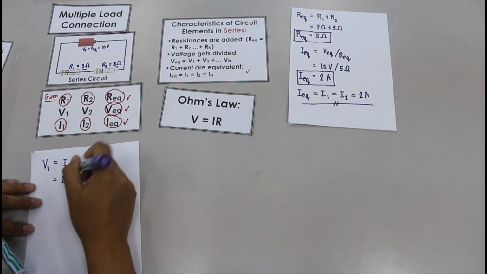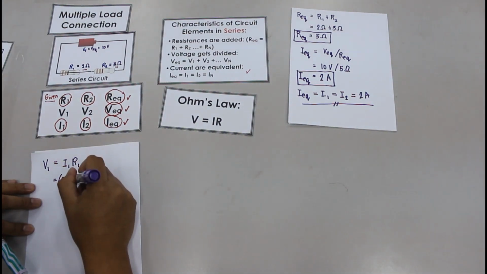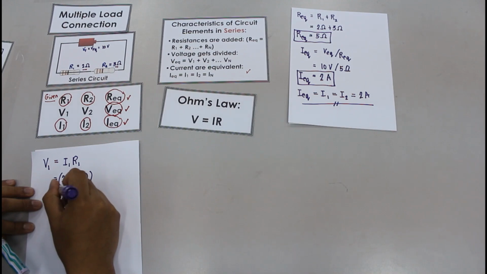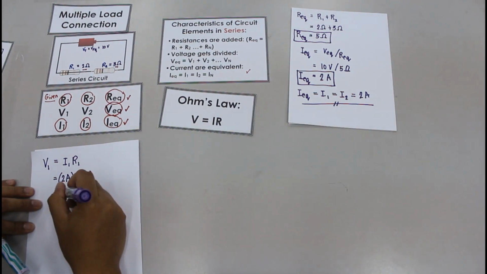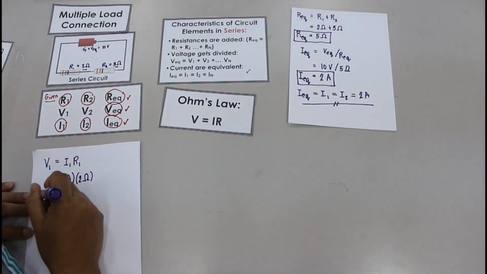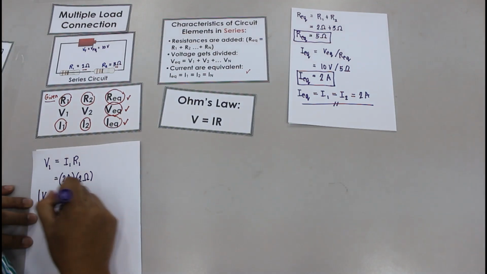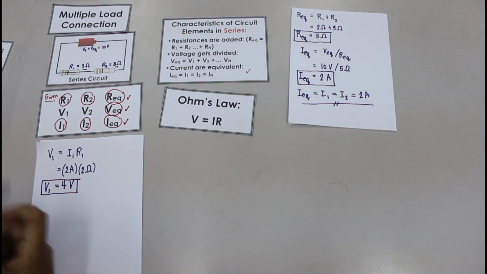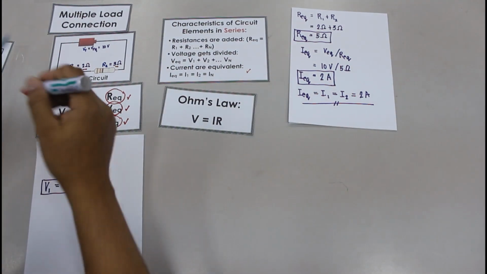The resistance 1, which is 2 ohms. And multiply. Get 4 ampere ohm or volts. So we're able to solve V1 already.